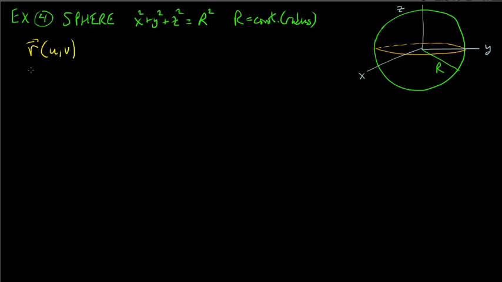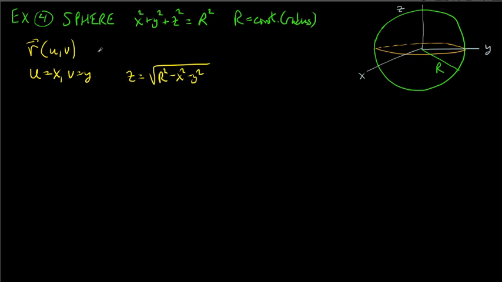Well, in this case, we really don't want to use u equals x and v equals y because you would need two different parameterizations, right? After all, then z would be the square root of r squared minus x squared minus y squared, only for the top half of the sphere, right? And then minus for the bottom half.